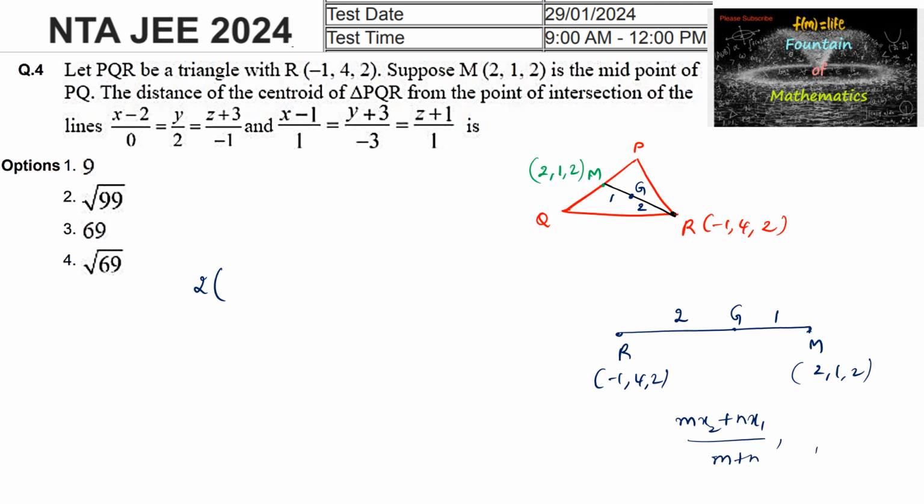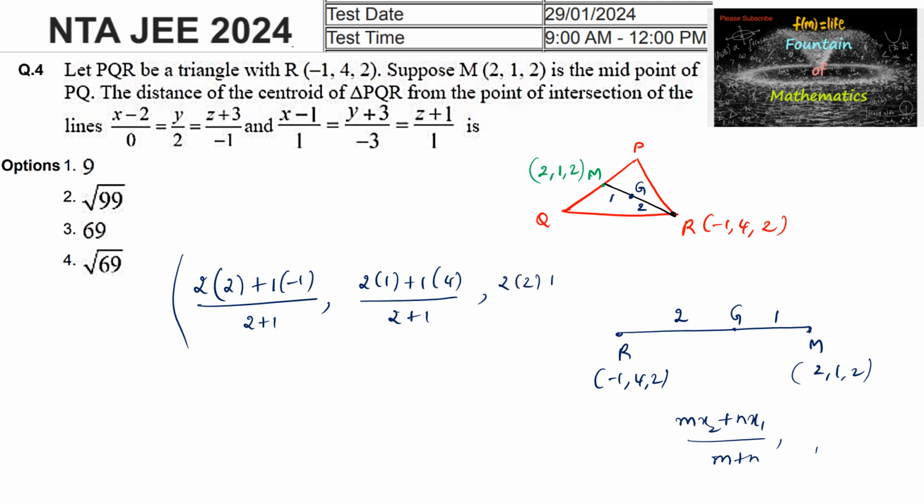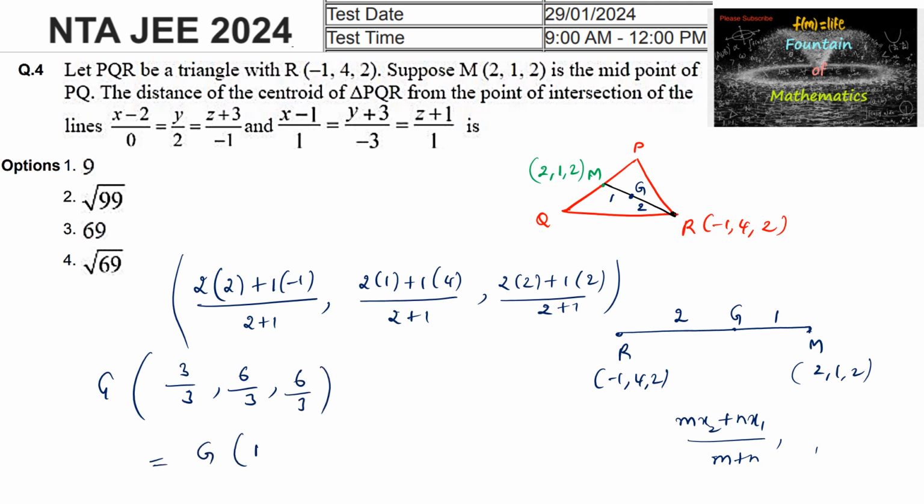So we can write (2 times 2 plus 1 times -1) divided by (2 plus 1), comma, (2 times 1 plus 1 times 4) divided by (2 plus 1), comma, (2 times 2 plus 1 times 2) divided by (2 plus 1). So we get (4 minus 1)/3, (2 plus 4)/3, (4 plus 2)/3, which is equal to G (1, 2, 2). So (1, 2, 2) is the centroid of the given triangle.